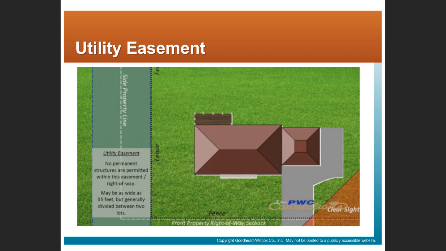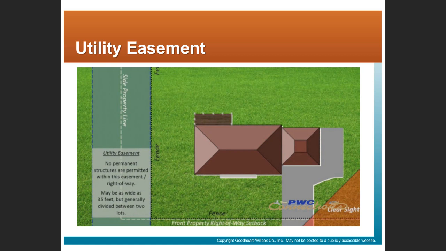So in this case, there's a utility easement on this side property line that gives space for, let's say, a series of telephone poles, and electric lines run across this utility easement. That easement gives the utility access to their electric wires that are serving my property.